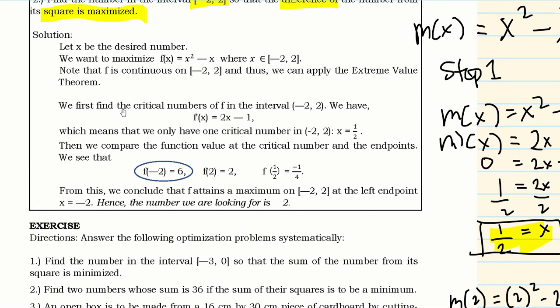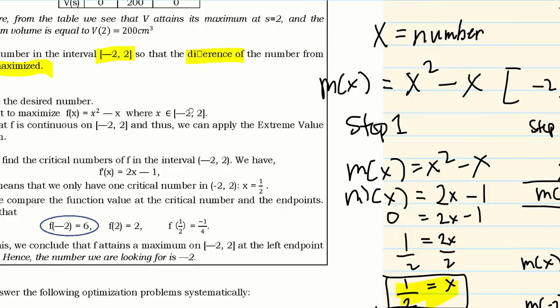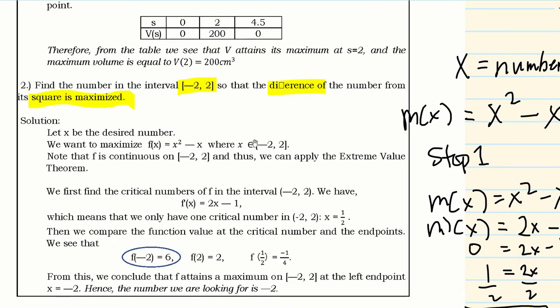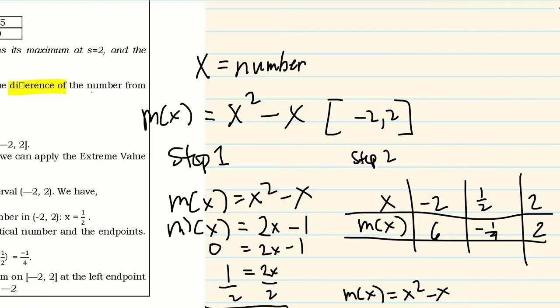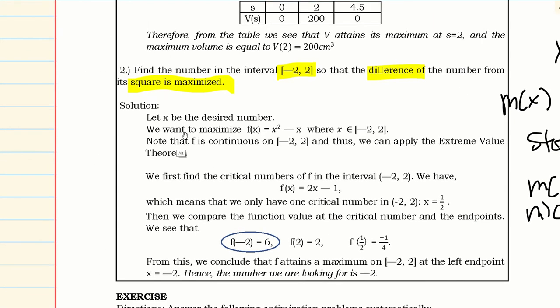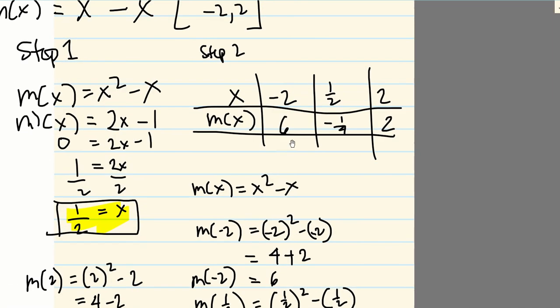So what we have here is the only critical number, which is x equals 1/2. Then we compare the function values 6, -1/4, and 2. Okay, this is what I'm looking for. This word, maximize. So we want the biggest number.